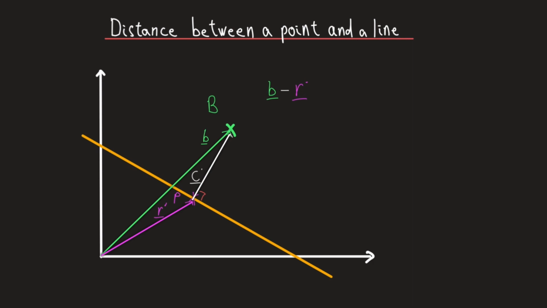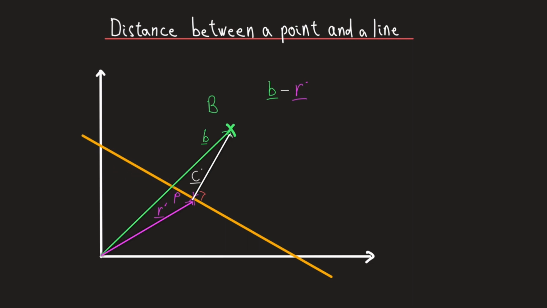So in a nutshell, what we have shown in this video is that to find the shortest distance between a point and a line, what we first need to consider is the difference between the vector B associated with our point and the vector R, which is related to any point on our line.